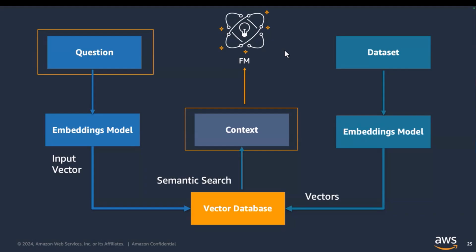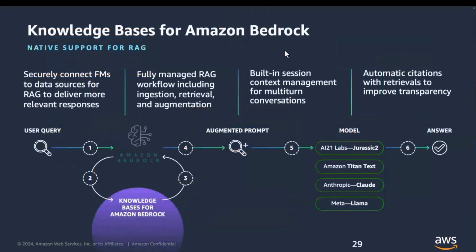But I hope you will be at ease to know that it comes built in as a Bedrock feature, and we call that Knowledge Bases for Amazon Bedrock. Essentially, it's a managed retrieval augmented generation functionality within Bedrock, so that you don't have to create your own vector database, and you don't have to think about how you store the data in vectors.